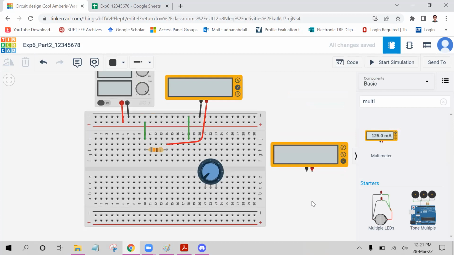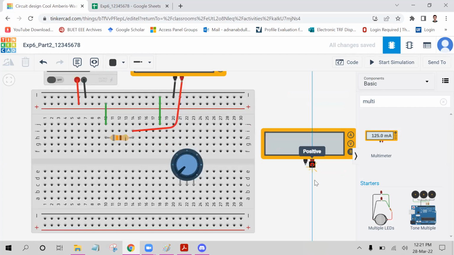Now let me connect the two terminals with terminal 1 and the wiper. We are not going to use terminal 2. Is it clear? We must use the wiper and we can take either terminal 1 or 2. So I'm going to take terminal 1 and the wiper.